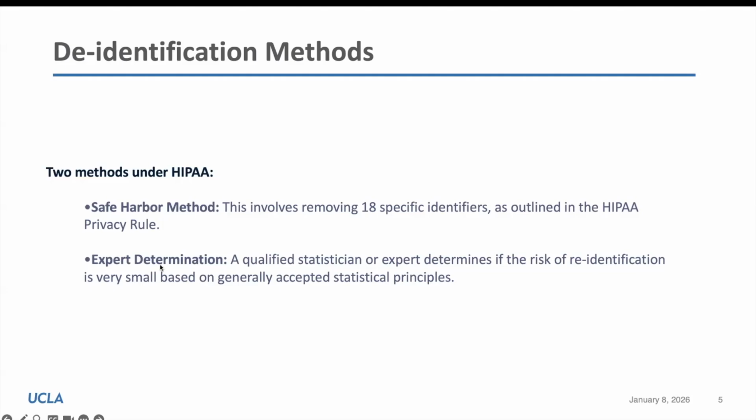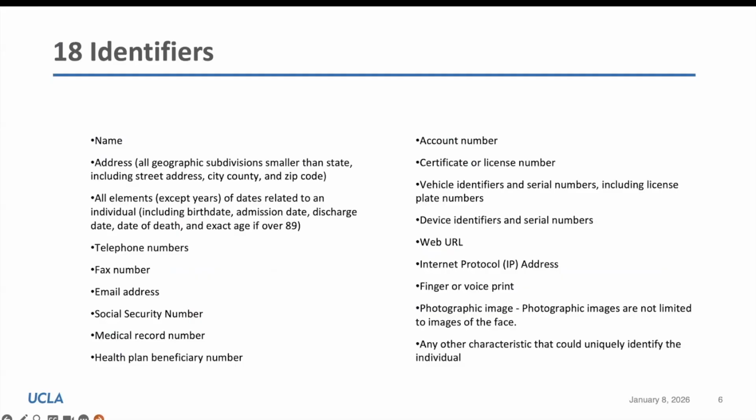So here are the 18 identifiers that are defined by HIPAA that need to be removed in order for PHI to be considered de-identified. I won't go through all of them in detail, but you can see that there are some very obvious ones like address, name, telephone numbers, email addresses, social security number, medical record number, and then there are some less direct identifiers like license plate numbers, web URLs, internet protocol addresses, finger or voice prints.